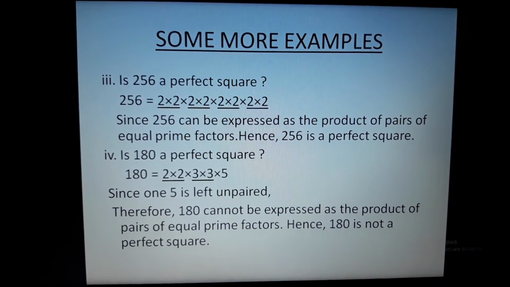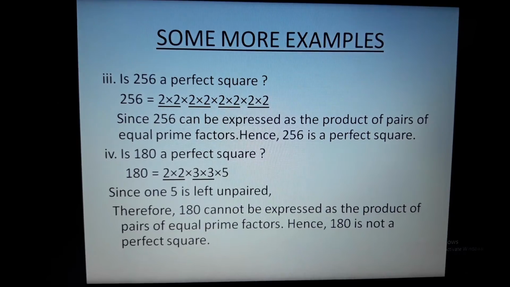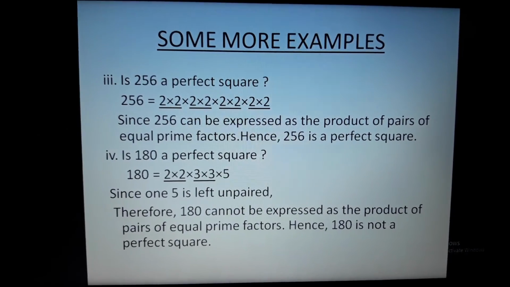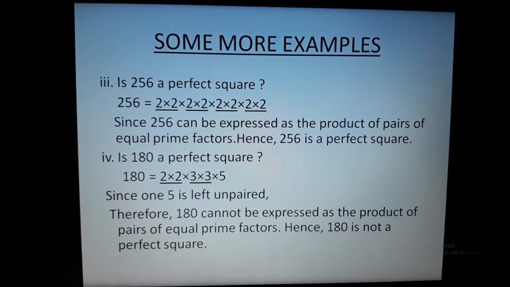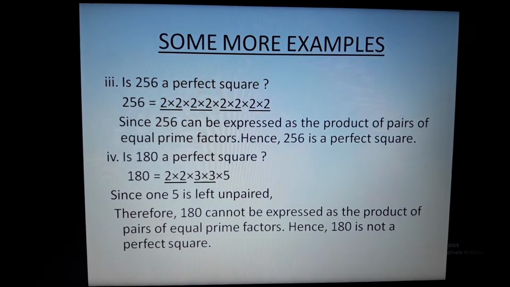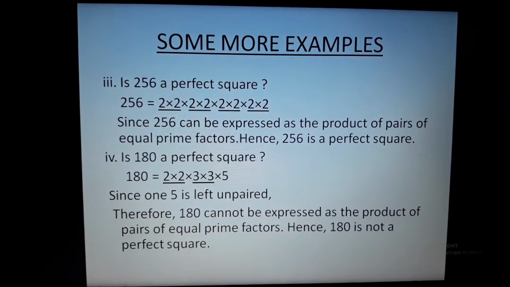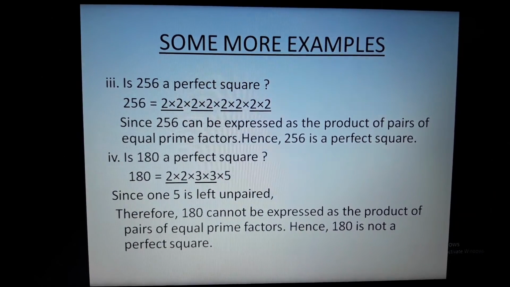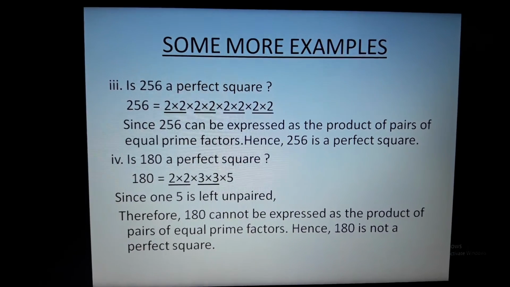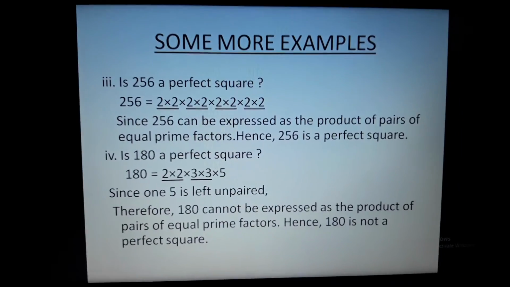Now in the next question, is 180 a perfect square? We can write 180 as 2 into 2 into 3 into 3 into 5. Since 5 is left unpaired, 180 cannot be expressed as the product of pairs of equal prime factors. Hence 180 is not a perfect square.